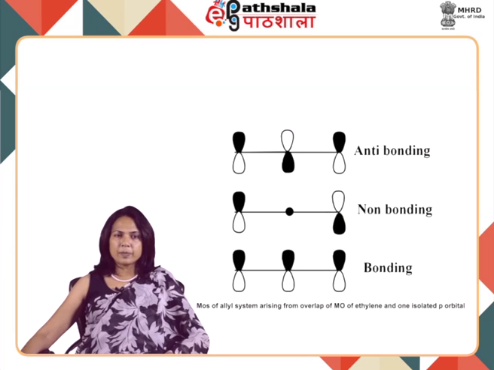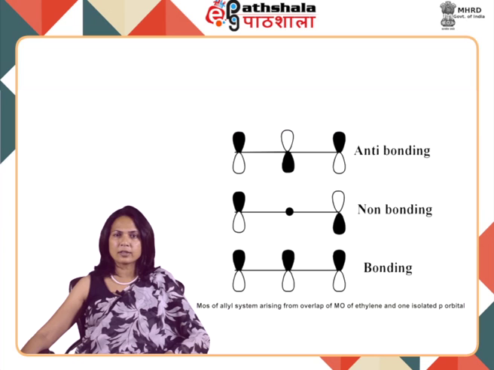This means that we need to look at the results of the pi plus minus p and pi star plus minus p interactions. It depicts the MOs of the allyl system arising from overlap of the MO in the ethylene molecule and 1 isolated p orbital, giving us psi1 bonding, psi2 non-bonding and psi3 anti-bonding orbital.